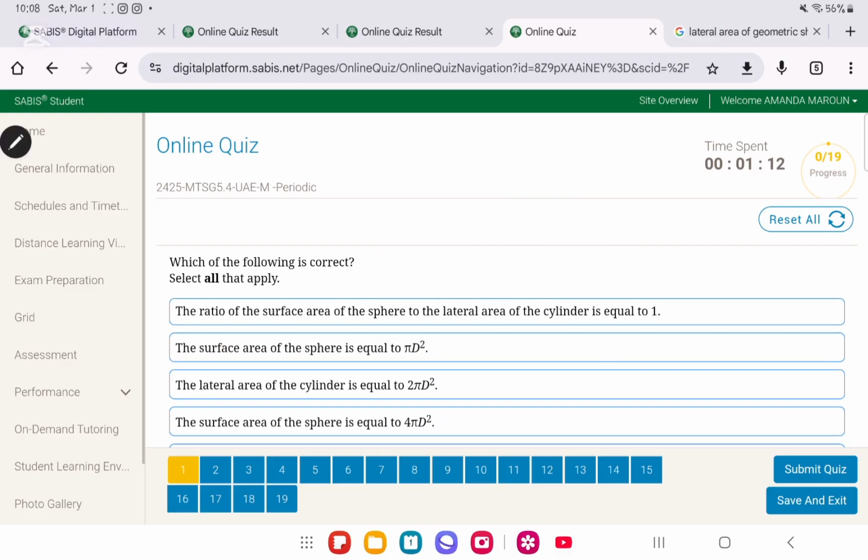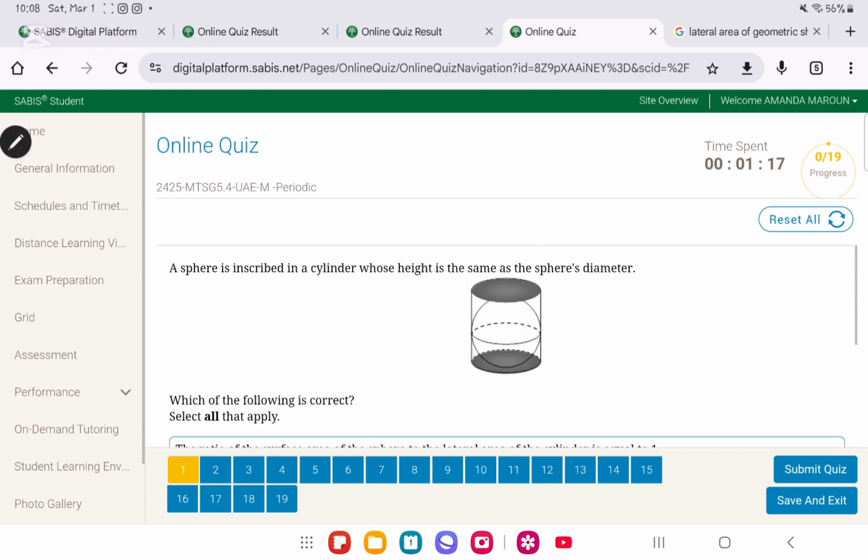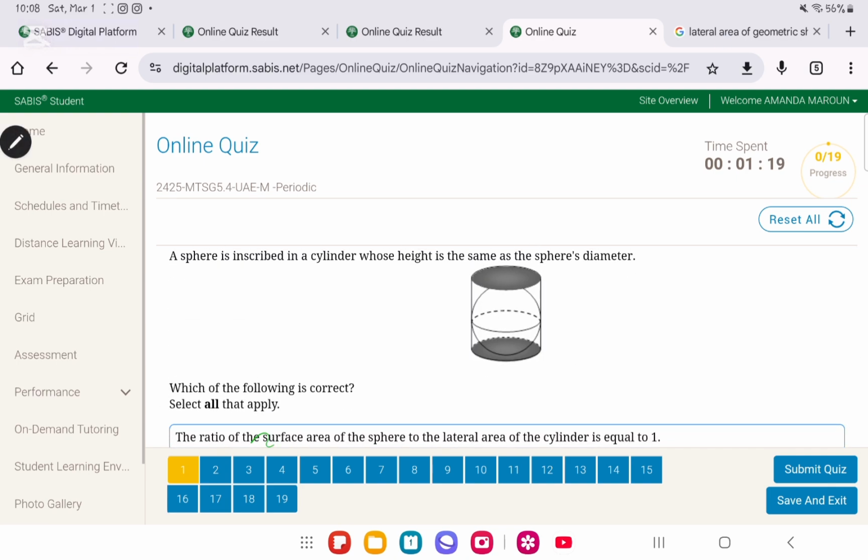They said the ratio of the surface area of the sphere to the lateral area of the cylinder is equal to 1. Let us see. First of all, the surface area of the sphere. How do we find the surface area of the sphere? The surface area of any sphere is 4 pi r squared. Now, if you separate it a little bit and play around with the numbers, you are gonna get that 2 radius times 2 radius times pi is the same as 4 pi r squared.